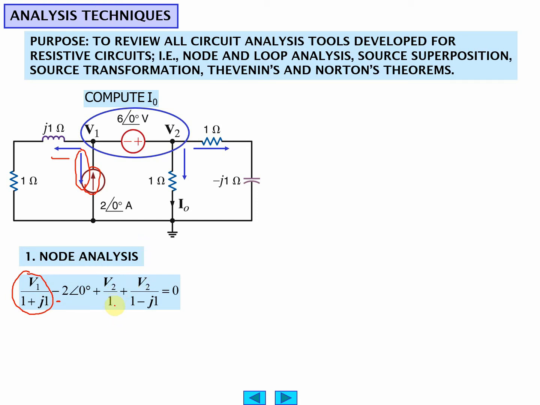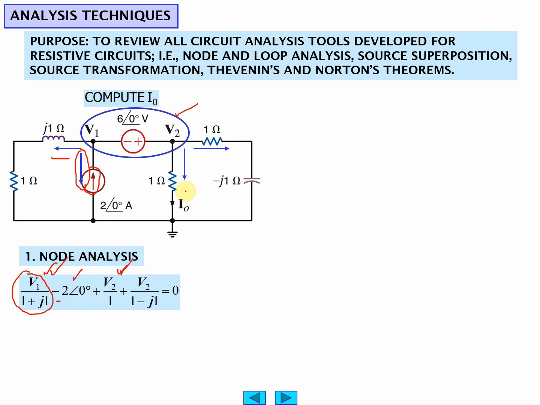It's a super node, created a super node, and so we have two variables, V1 and V2. So that's the current leaving, this right here. This is the current leaving right here. V2 over 1 ohm is the current leaving.